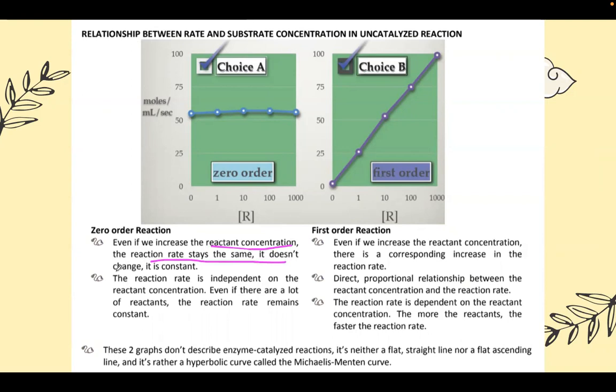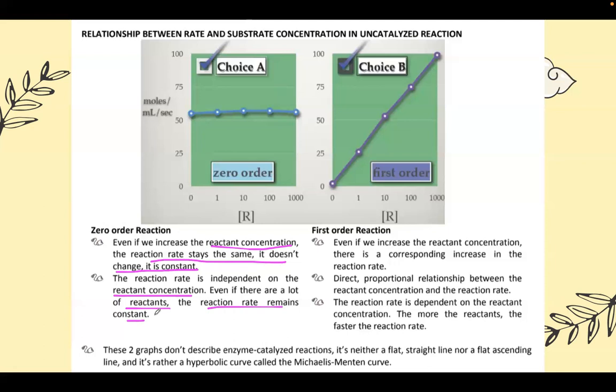It does not change. It is constant. Next, the reaction rate is independent of the reactant concentration. Even if there are a lot of reactants, the reaction rate remains constant. So, ibig sabihin nito, the reaction rate depends only on enzyme concentration. Hindi nga po daw siya nagbabago. So, zero order reaction siya.